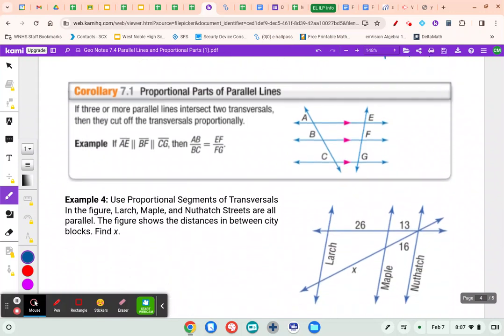So we have a corollary, proportional parts of parallel lines. If 3 or more parallel lines intersect 2 transversals, then they cut off the transversals proportionally.